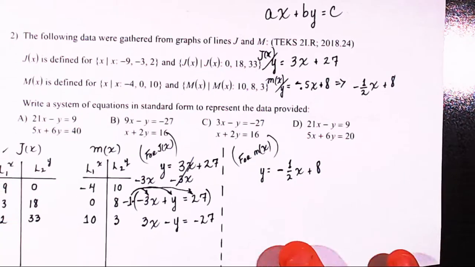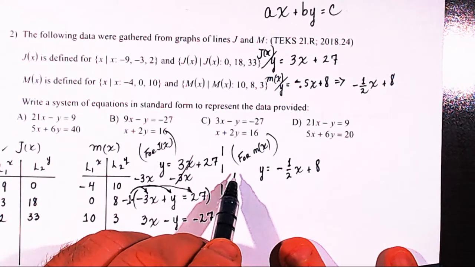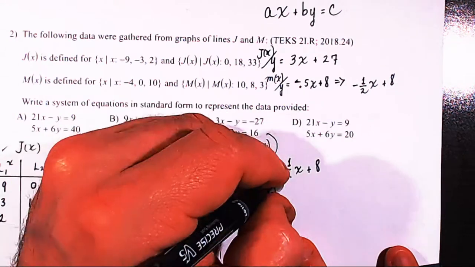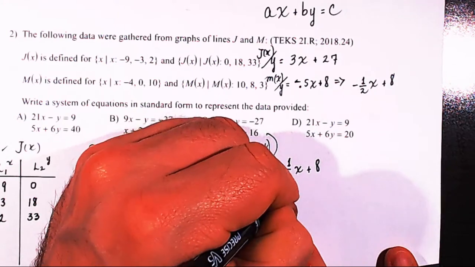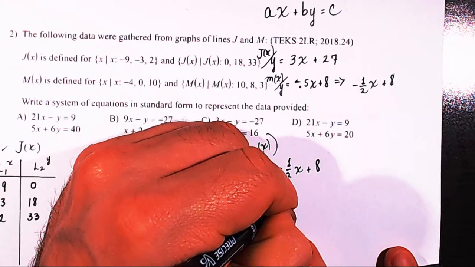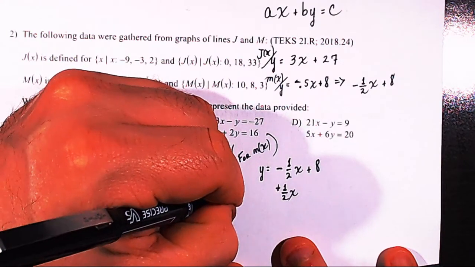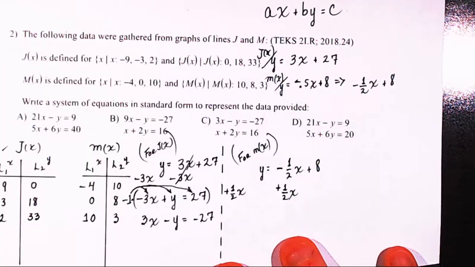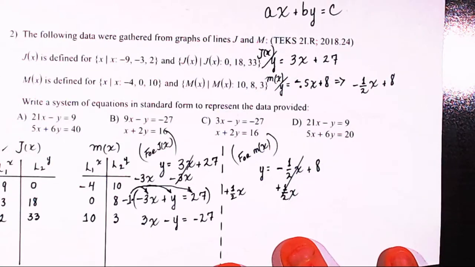All right, so again, my goal is to get the x factors over here on the left side of the equal sign. Because this is negative 1/2 x, I'll add 1/2 x to both sides. On the right side, the negative 1/2 x and the 1/2 x cancel each other out.